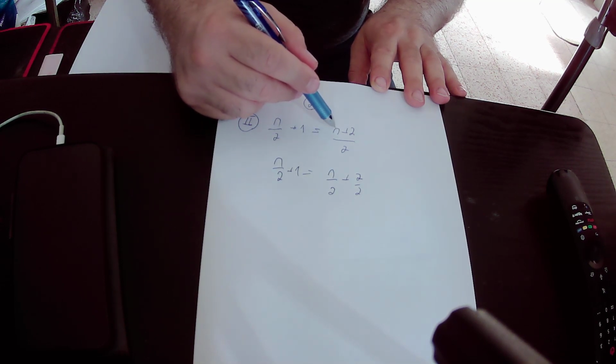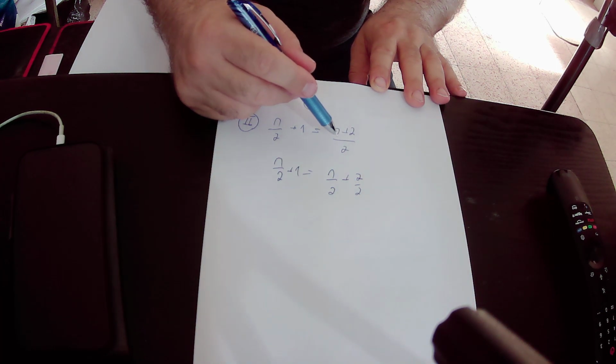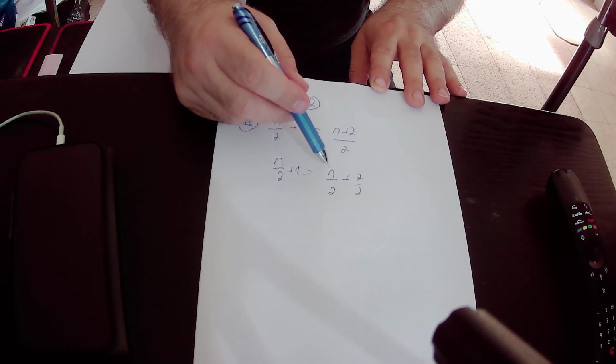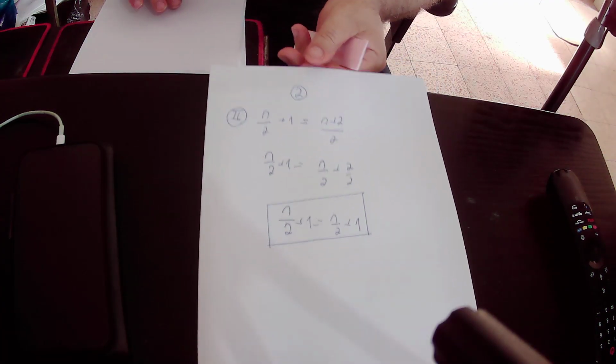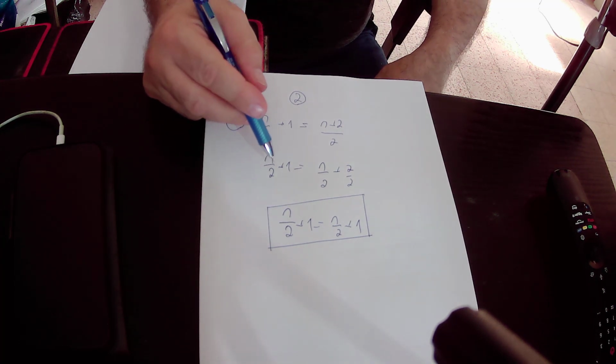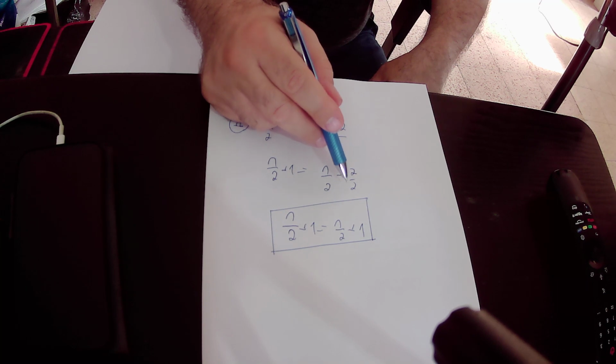Here we separated n plus 2 into 2 parts: n plus 2 divided by 2 equals n divided by 2 plus 2 divided by 2, and 2 divided by 2 is 1.